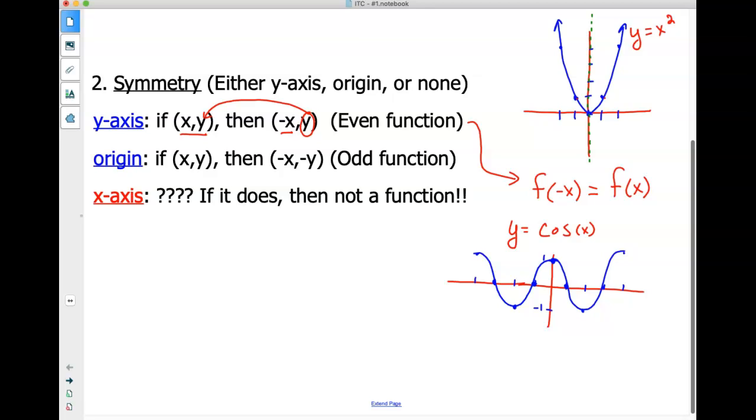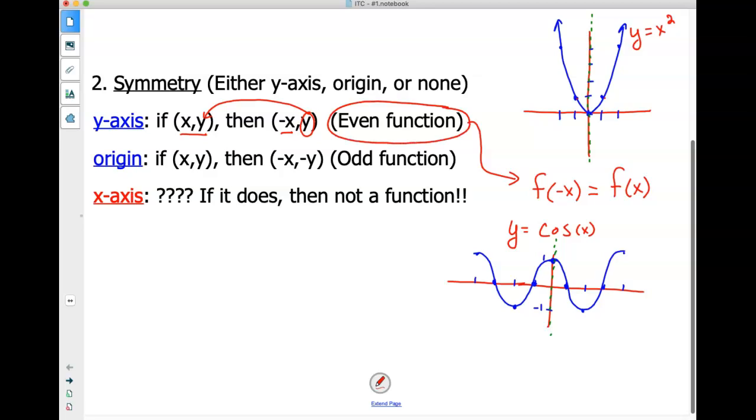When I graph that whole thing, if I cut the y-axis apart, it is perfectly symmetrical. If I folded my graph on the y-axis, the left side is going to fold right on top of the right side. That's just y-axis symmetry, which is an even function.